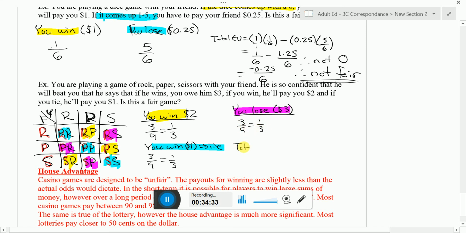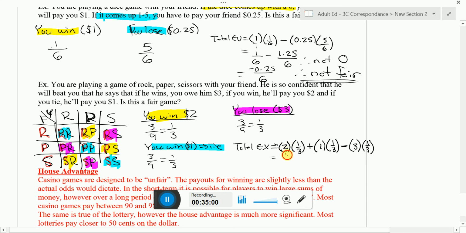Now for the total expected value, in this case there are 2 ways of winning, so we need to include both ways. You win $2 1/3 of the time. If you're winning the money, it's a plus, so you win $1 1/3 of the time. If you're losing the money, it's a minus. So you lose $3 a third of the time.